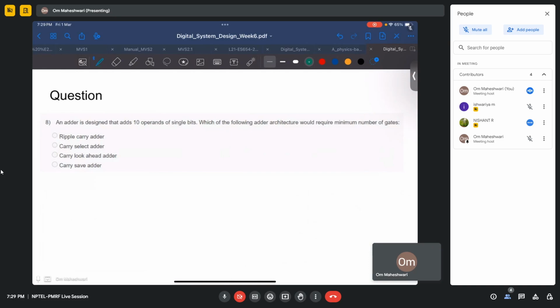Yes. So carry save adder saves the maximum amount of area as well as delay. So that means it uses least number of adder units.